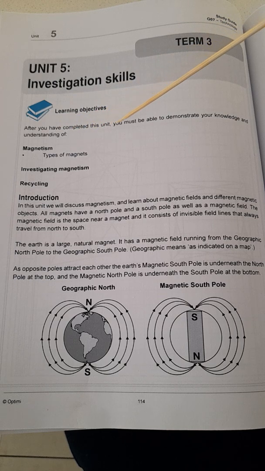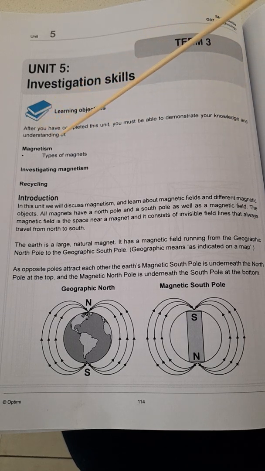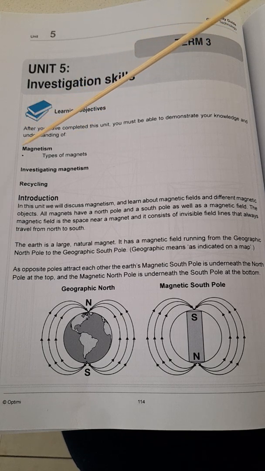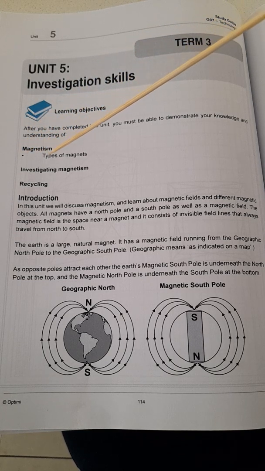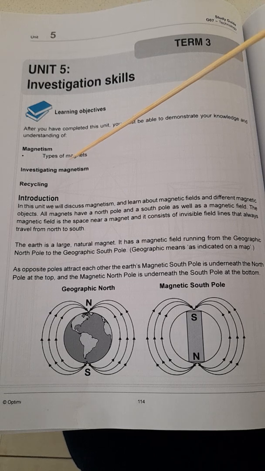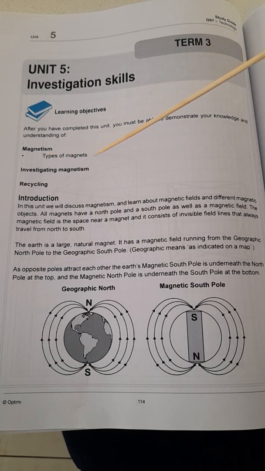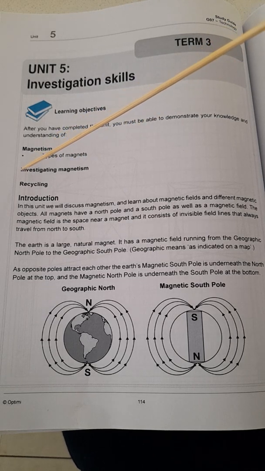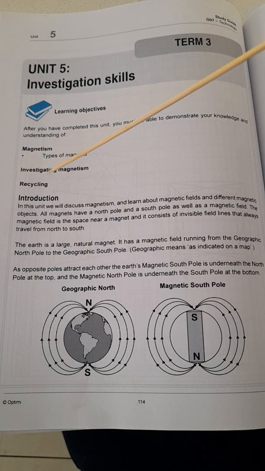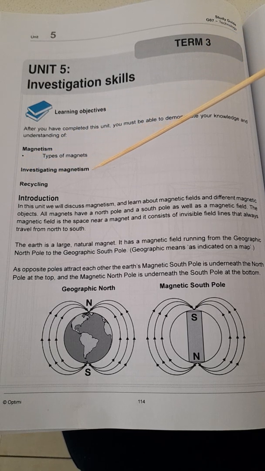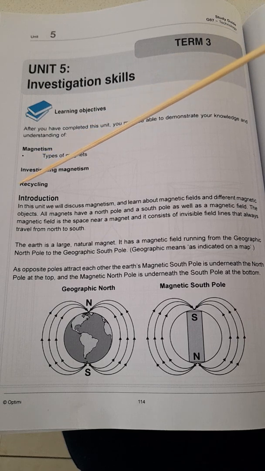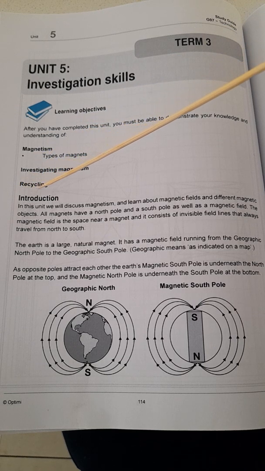After you have completed this unit, you must be able to demonstrate your knowledge and understanding of magnetism. And under magnetism, you must know the types of magnets. Okay? And you must be able to investigate magnetism. And you must also know or understand recycling.